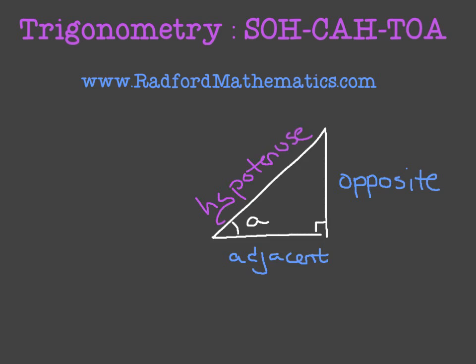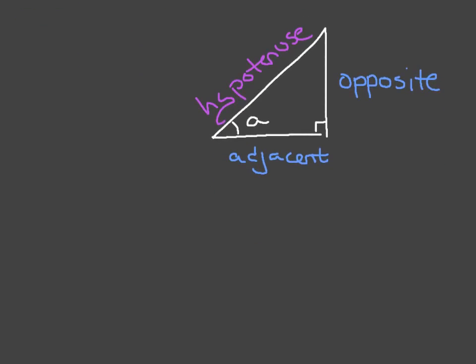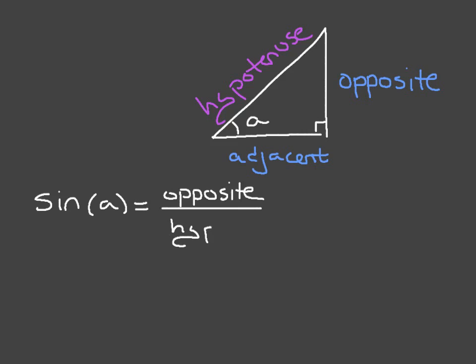Now, again, in our previous video, we defined the trigonometric ratios of this angle A as sine of A, and we saw that that was equal to the opposite divided by the hypotenuse.